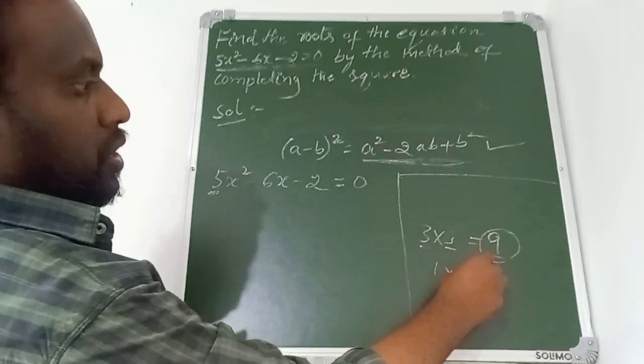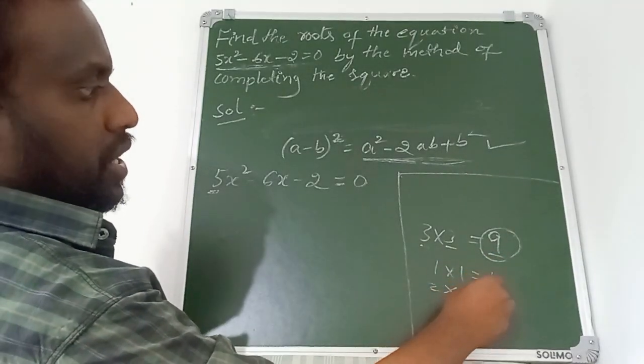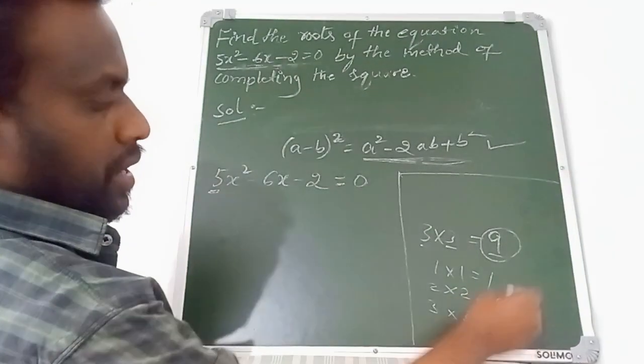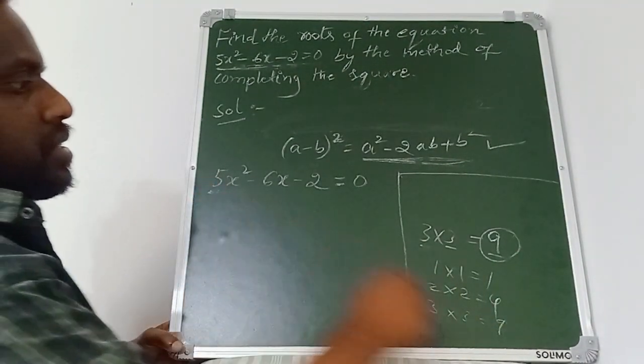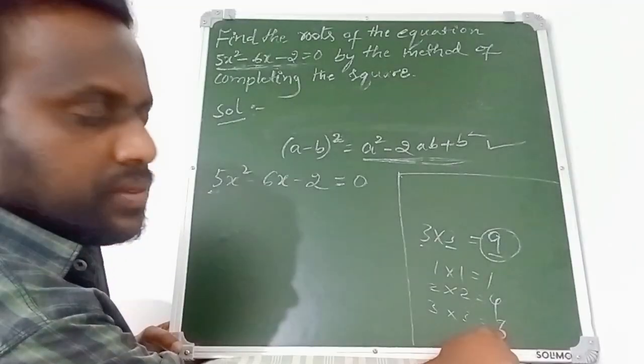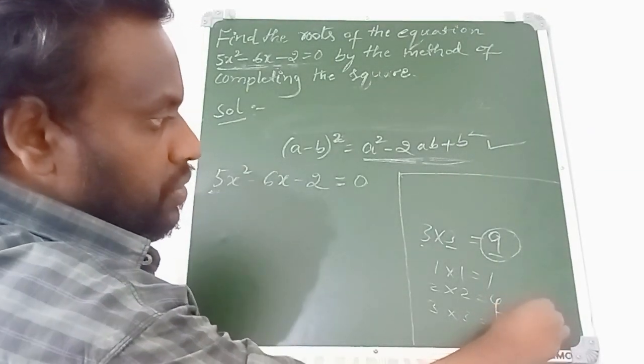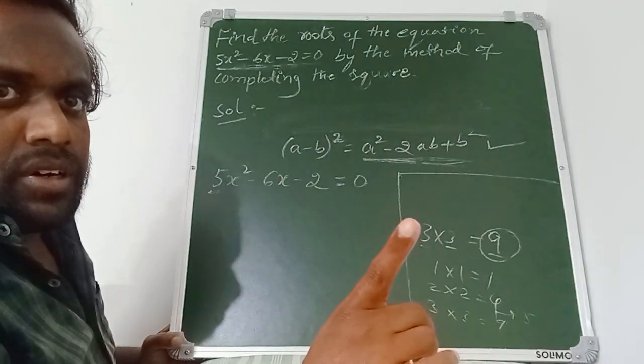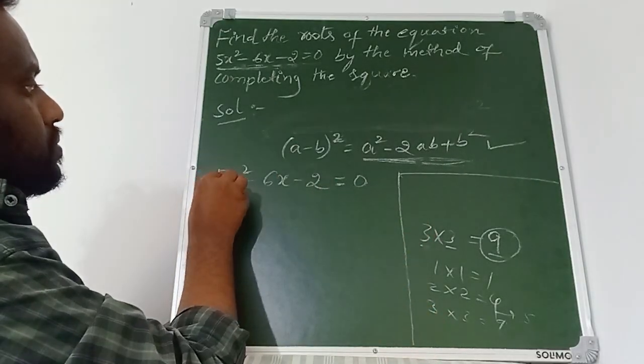If you multiply 1 into 1, we will get 1; 2 into 2, we will get 4; 3 into 3, we will get 9. 5 is less than 9, correct? Here we did not get 5. If you multiply any two same numbers, we will not get 5.